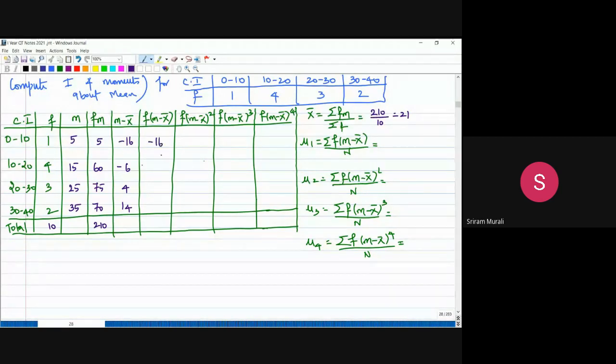So this is minus 16, minus 24, minus 12, plus 12, and 28. If I add everything, I will get 0. So the first moment is always 0. Sigma f into m minus x bar by n. Have you understood? Yes, sir.